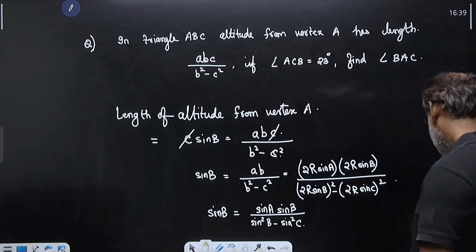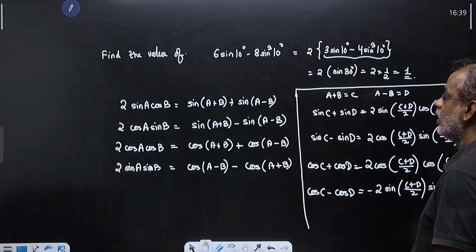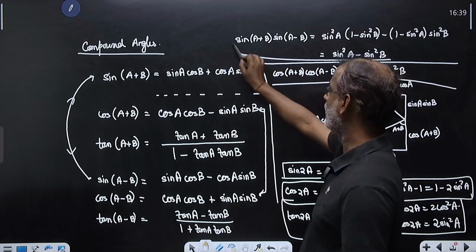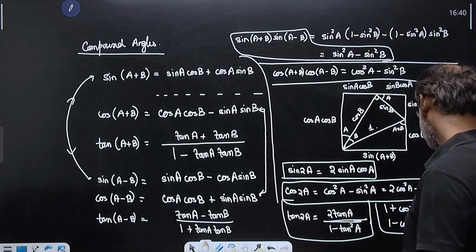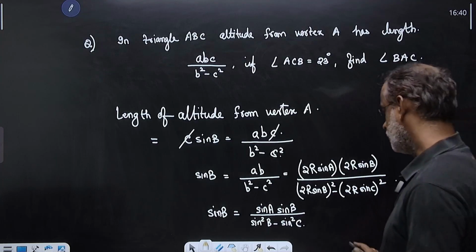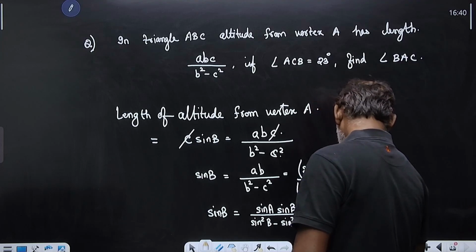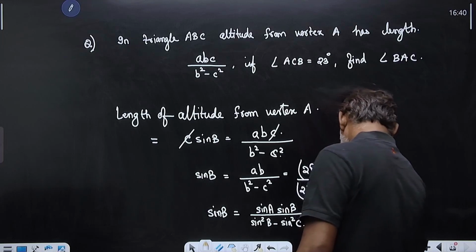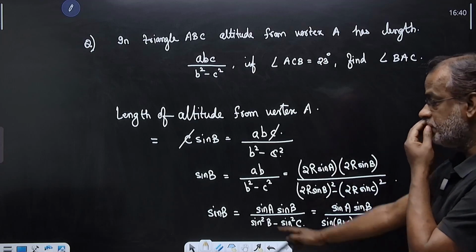Now, we have read this formula, sin square A minus sin square B, sin A plus B into sin A minus B. So, this is sin A upon sin B minus C. So, sin B gets cancelled out.